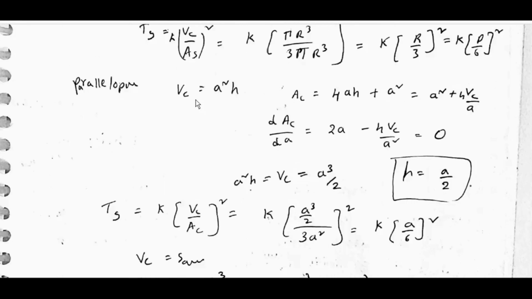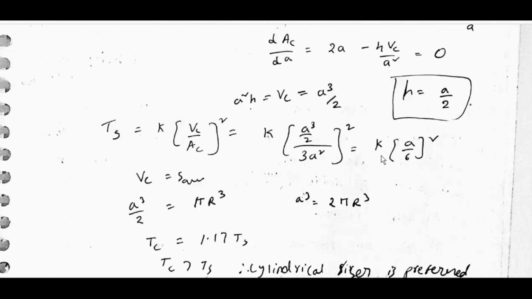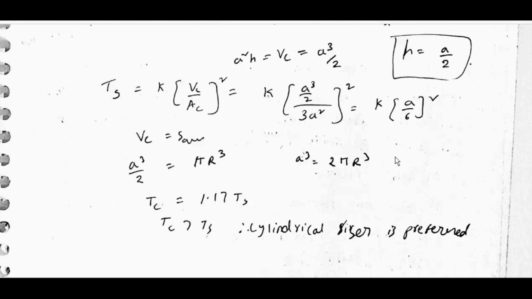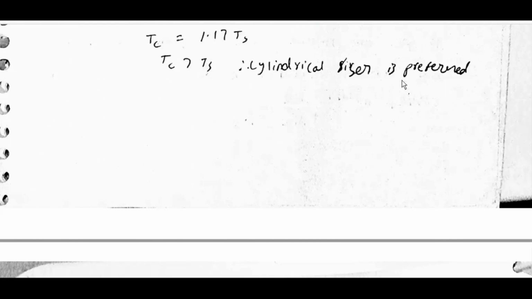For the parallelopiped, Vc is equal to a square h, and for Ac here only one a square, so h is equal to a by 2. Ts is equal to K into a by 6 whole square. Tc is equal to 1.17 Ts, so the cylindrical riser is preferred.